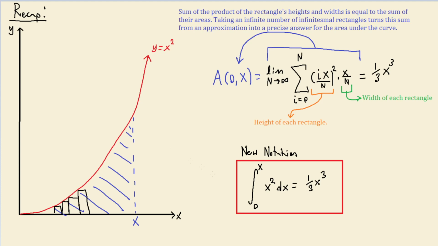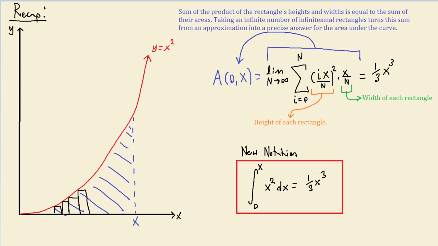And so another way of thinking of this is that this is really just the same thing as this Riemann sum. Here, this would be the function evaluated at each point, and this is the infinitesimal width of each rectangle. And this symbol here, another way to think about this is that this is just summing up all of those infinitesimal quantities. So each little infinitesimal segment of area that's given by one of these discrete but incredibly small rectangles, summed up over the interval from 0 to x, is going to give you the area under the curve of the function x squared from 0 to x.